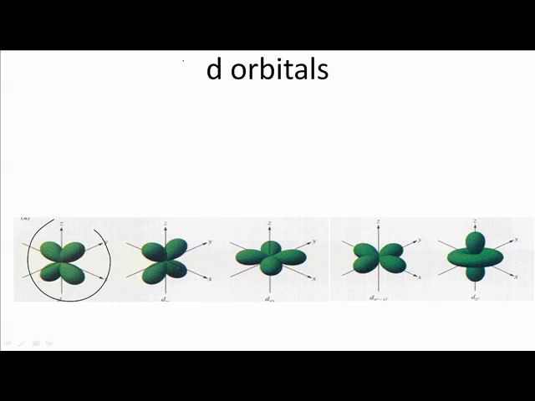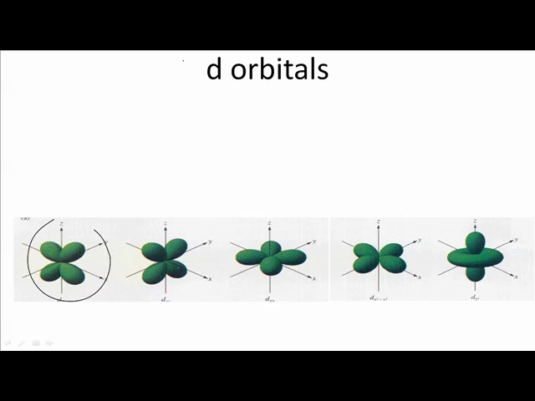So d orbitals tend to have this 4-leaf clover shape, except for this 5th one over here. That one has 2 cones that are nodes. This last one looks like a p orbital wearing a life preserver around its waist. So the d orbitals have these shapes.